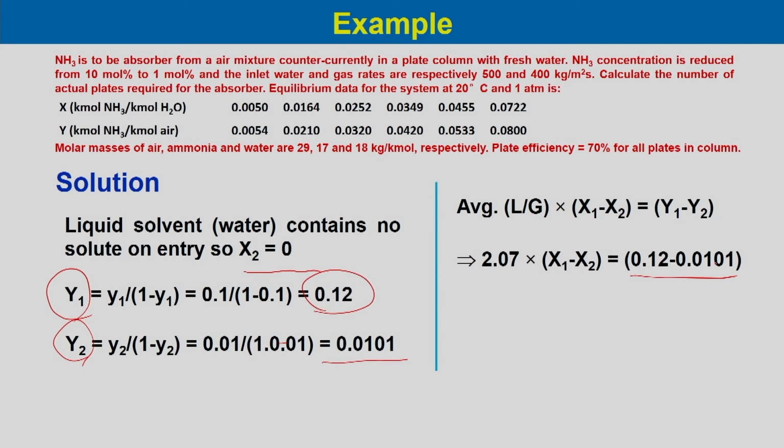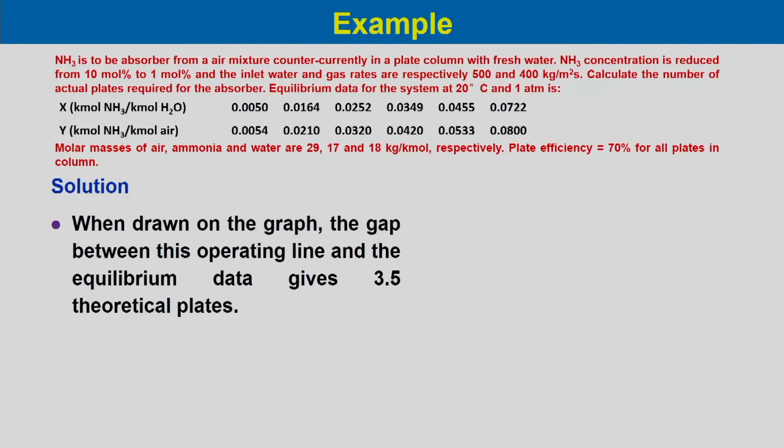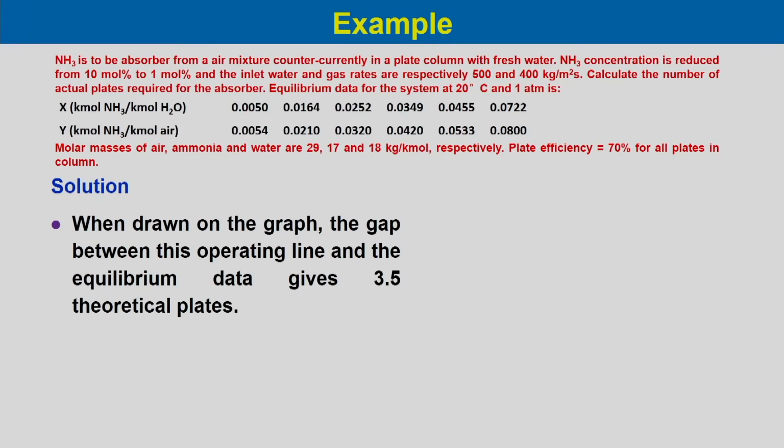As the entering solvent is solute free, X2 is essentially 0. So X1 would be 0.053. So, X1 is now calculated, capital X1 and capital X2 are known. When drawn on the graph, the gap between the operating line and the equilibrium data gives 3.5 theoretical plates.